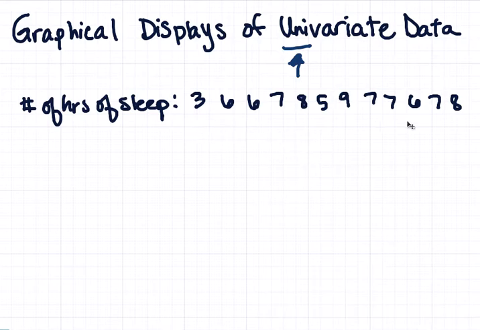Well, that's all fine and dandy. We got the data that the teacher was interested in, but it's just kind of like a messy list of numbers here. We can't easily, just at quick glance, make any conclusions about the data, find any patterns, figure out what the general trend is.